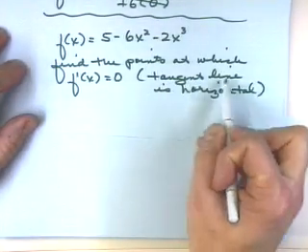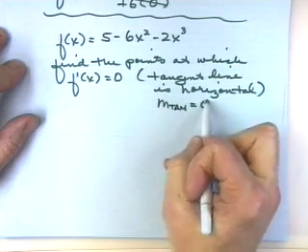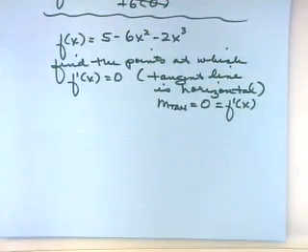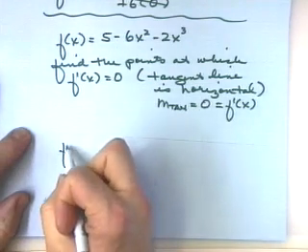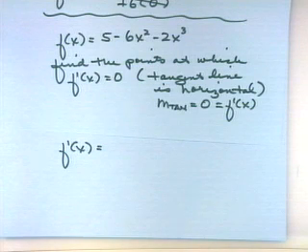So if we're finding where the tangent line is horizontal, the slope of the tangent is 0, and the slope of the tangent we know to be the first derivative. So let's find the first derivative. With that nice new shortcut that we have, kind of clean and easy, what's the derivative of that given function?